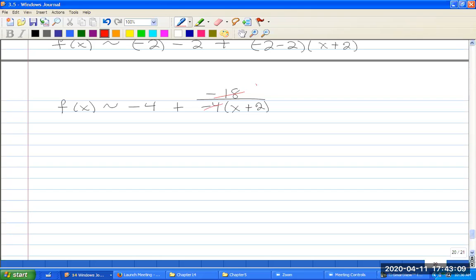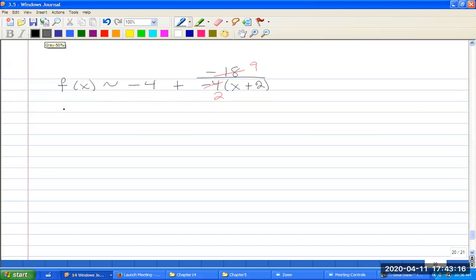So I get 9 over 2. So f of x approaches negative 4 plus 9 over 2 x plus 2 as x gets close to negative 2. Okay.